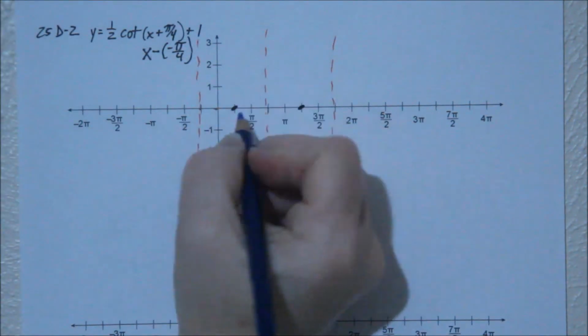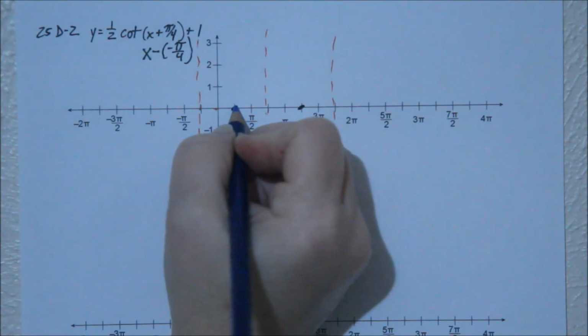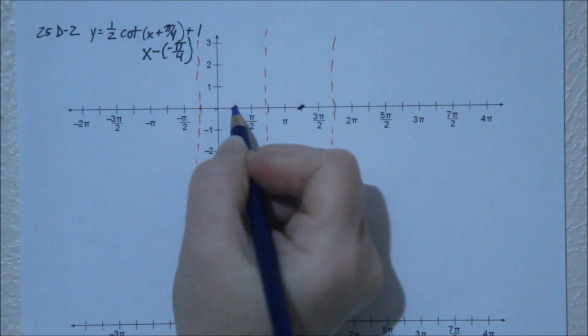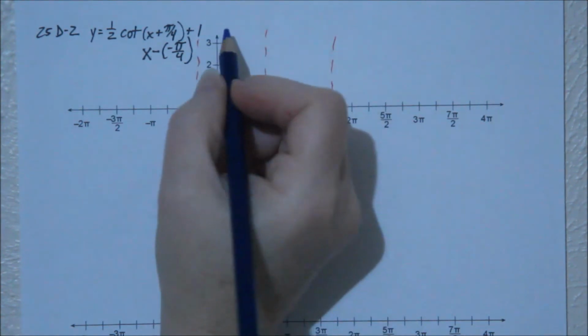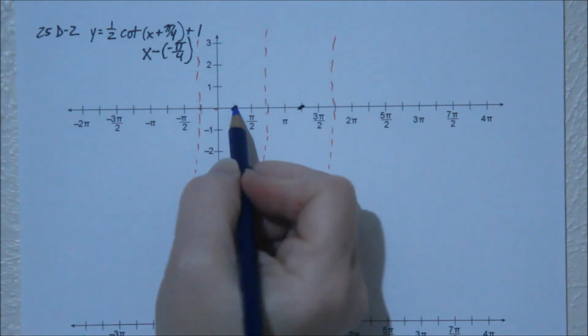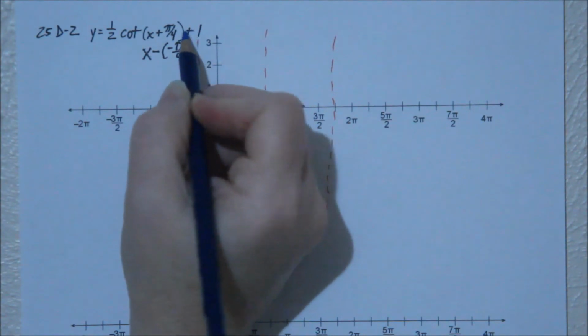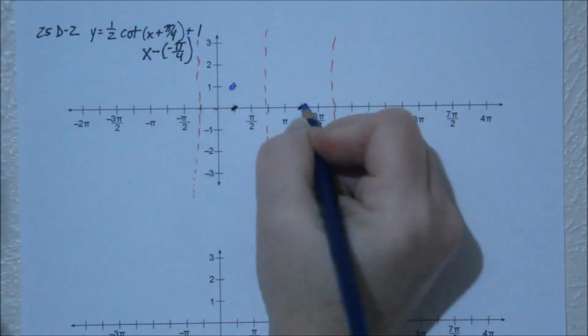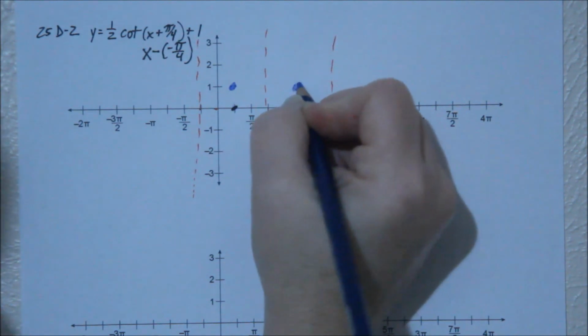So we need to translate this point up 1. So when we shifted our asymptotes, that point automatically got shifted over with the shift of our asymptotes. So it already automatically got taken into account. Now we need to translate up 1. Positive means up, so take this up and put it up at 1. Take this up and put it up at 1.